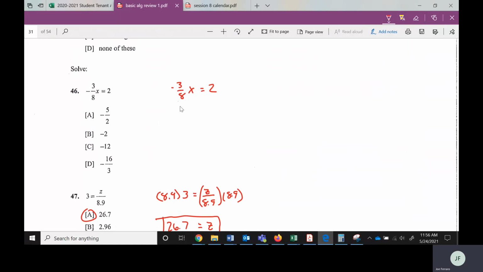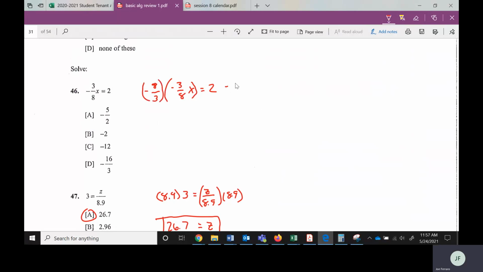But now this goes back to fractions that many people don't like, but dividing by a fraction is the same as multiplying by the reciprocal, meaning the reciprocal of a number is flipping the fraction. So instead of actually dividing by negative 3/8, we are going to multiply by negative 8/3.